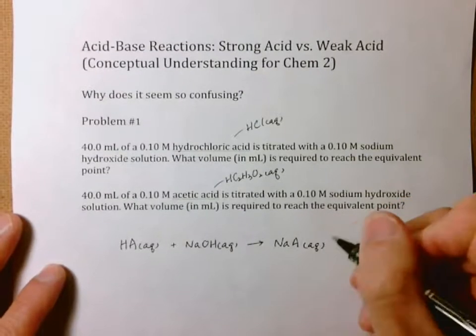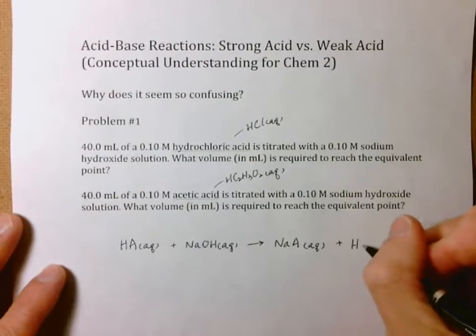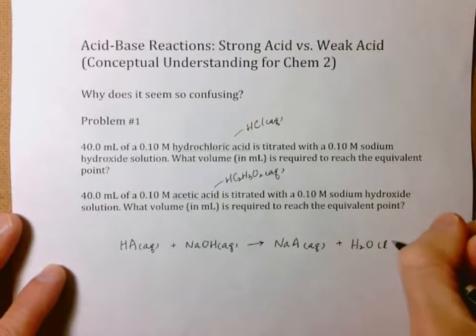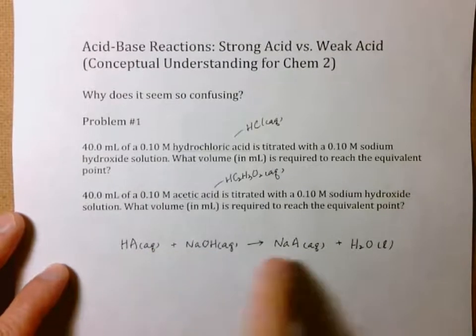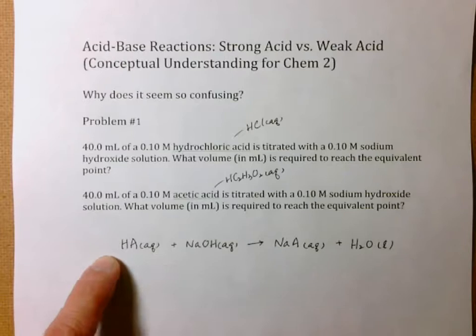So I use A to stand for anion, plus water. And then with the balanced equation, of course, this is a 1-to-1 ratio, or has a coefficient of 1.